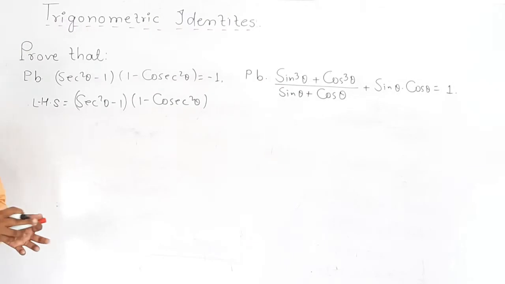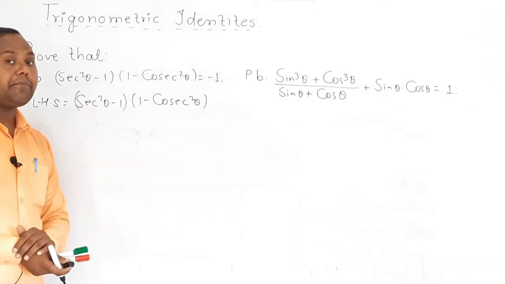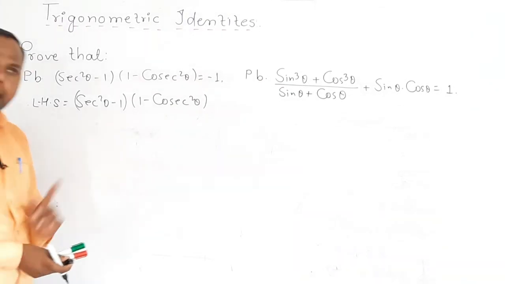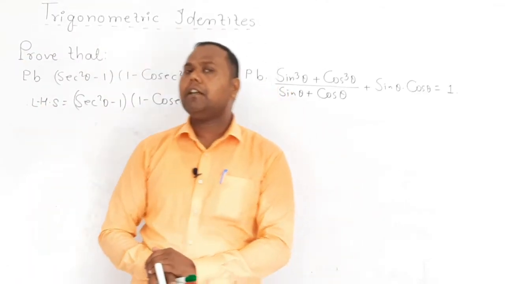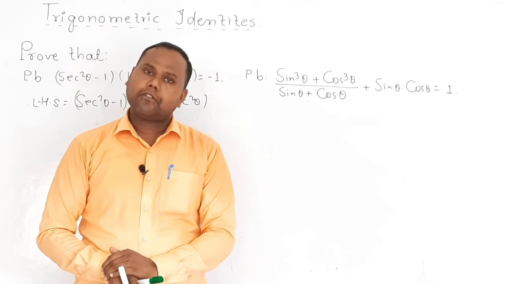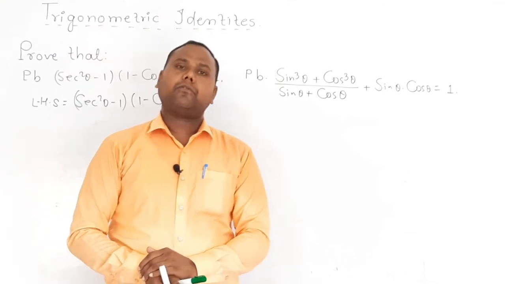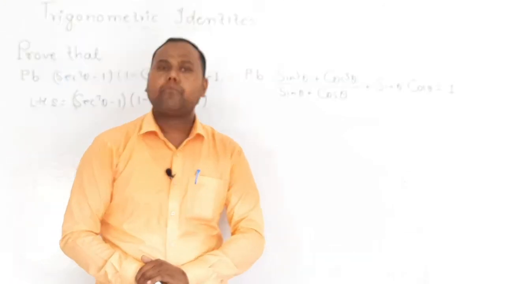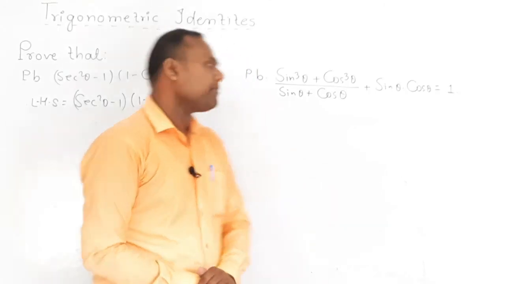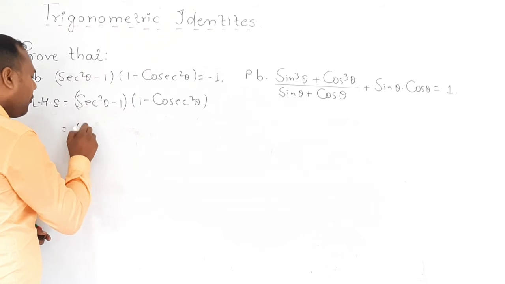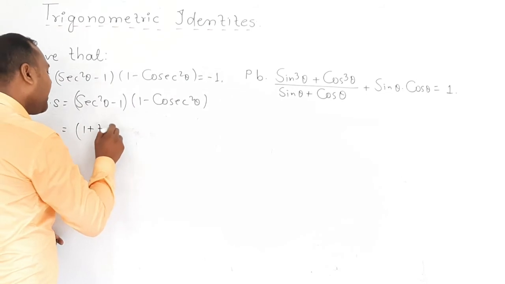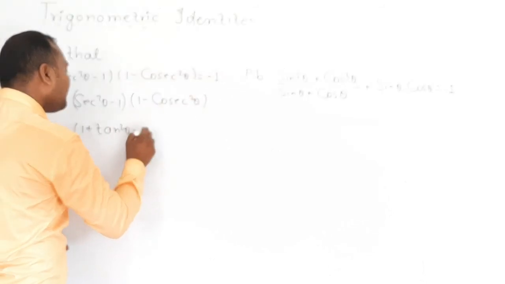Always remember this formula: sec² θ − tan² θ will be equal to 1, and cosec² θ − cot² θ will be equal to 1. So utilize the formula. Sec² θ equal to 1 + tan² θ, and minus of 1.